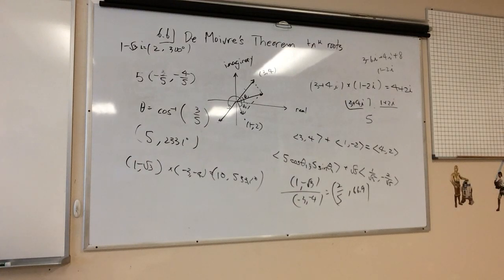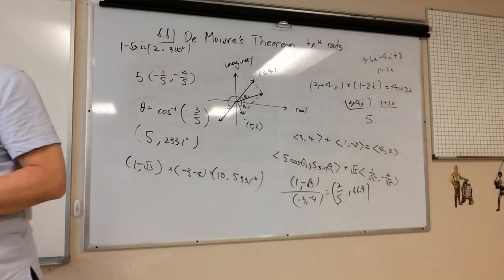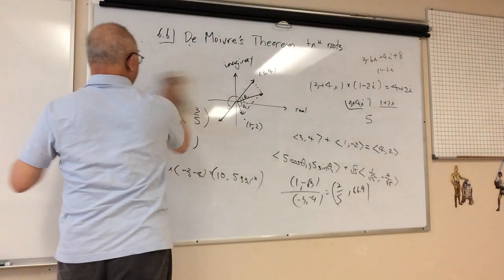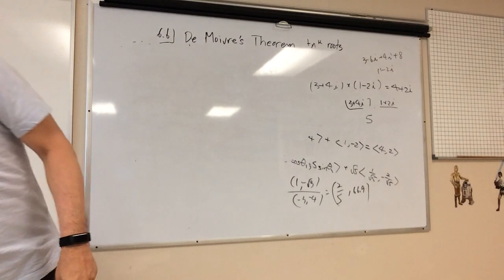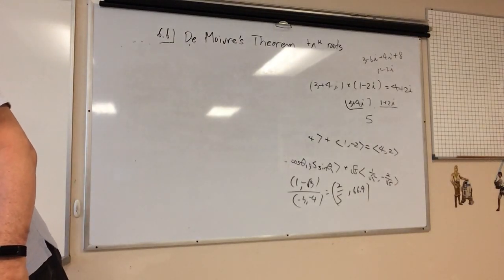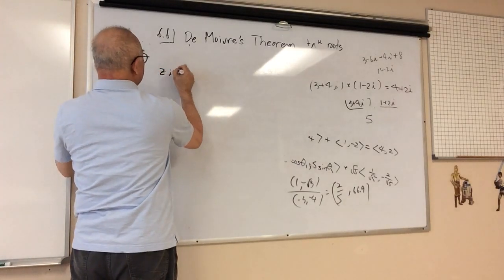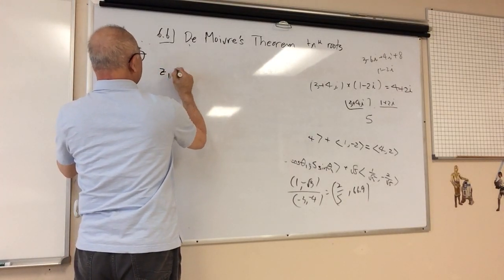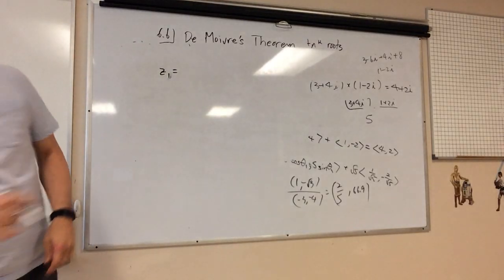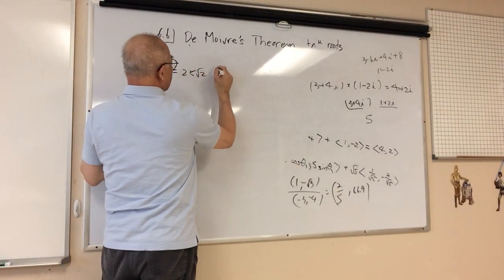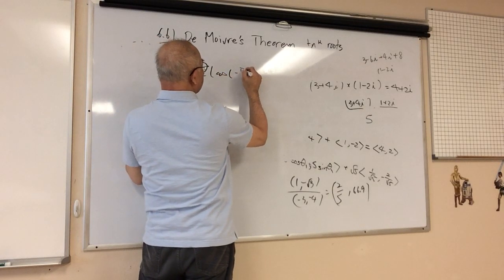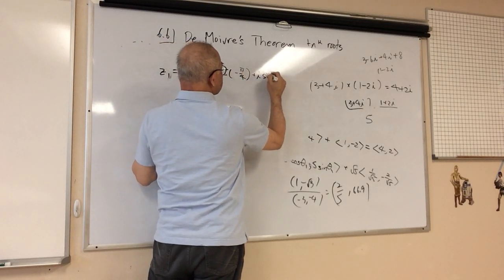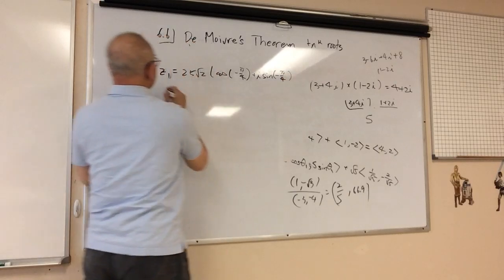Right? So if you go to example number 3, I have Z1 and Z2, where Z1 is equal to 25 root 2 cosine negative pi over 4, i sine negative pi over 4.